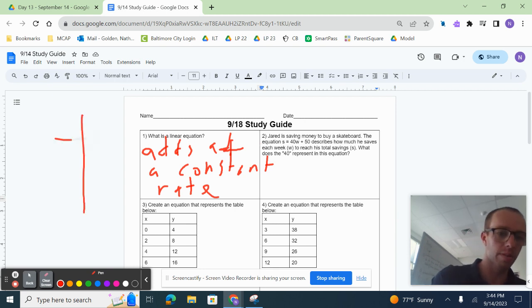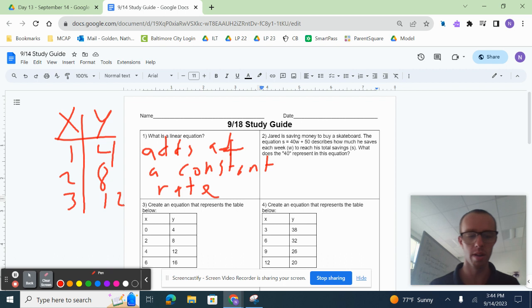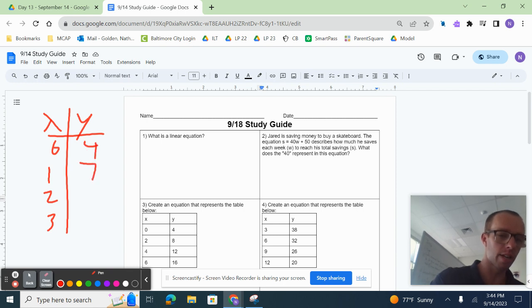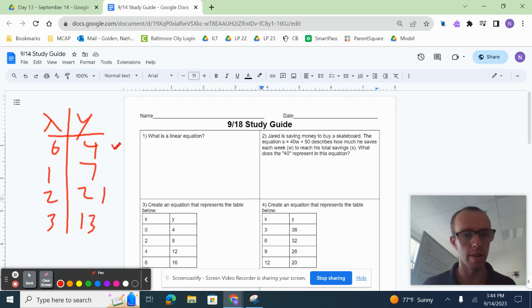So if you have a table like this, with X: 1, 2, 3 and Y, say we were counting by 4: 8, 12. You can see we're changing by 4 every time, moving the same amount each time. But if you had a table with X and Y, X being 0, 1, 2, 3, and Y being 4, then 7, then 21, then 13, this is not changing by the same amount each time.